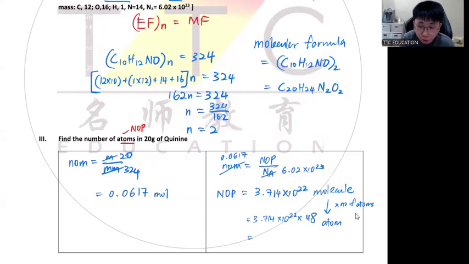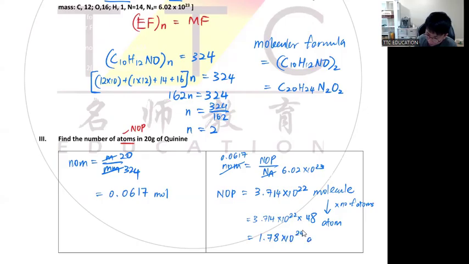So guys, remember, to convert molecule to atom, you multiply number of atom. So to multiply this, what's your final answer? So 1.78, someone give me 1.783 also can, times 10 to the power 24 atoms.